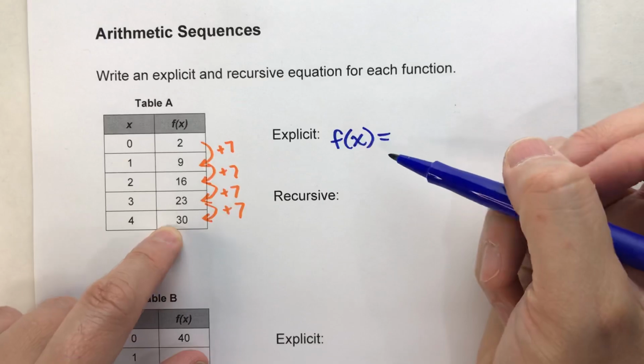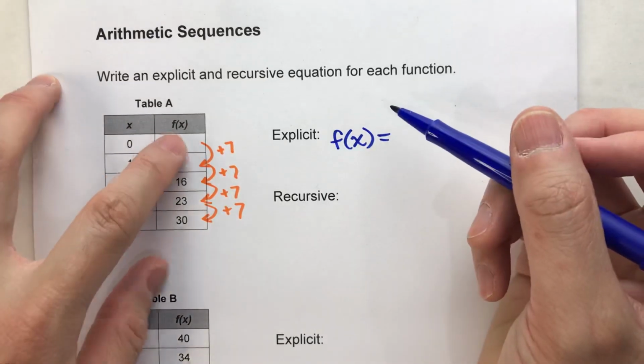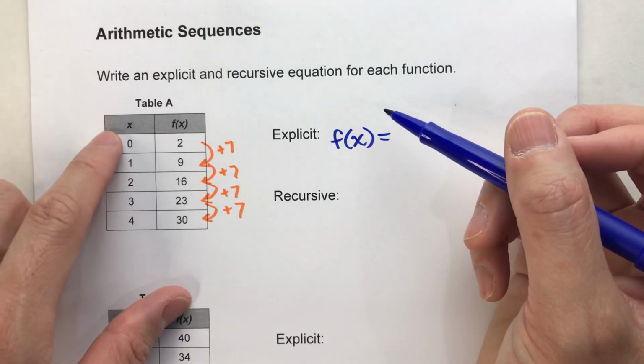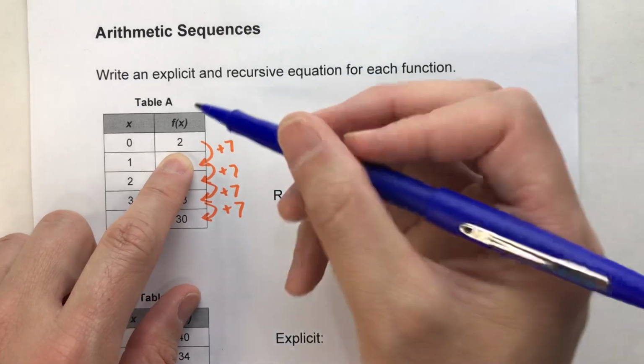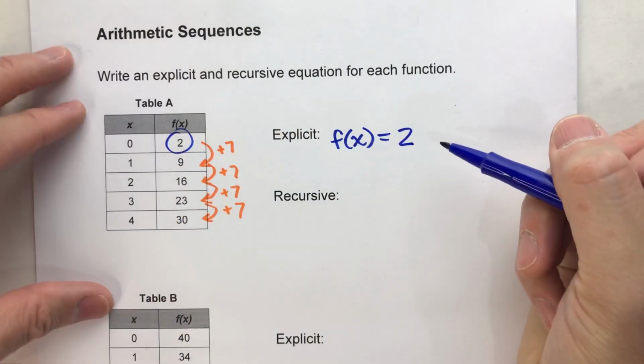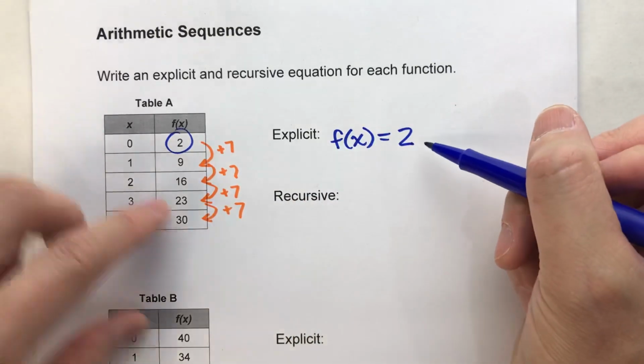Now, to write the explicit equation, first we need to know, what does f of x start at? What's its starting value when x is 0? In this case, pretty easy. It starts at 2. So we'll say 2. Now, we know it's repeatedly adding 7 to it.